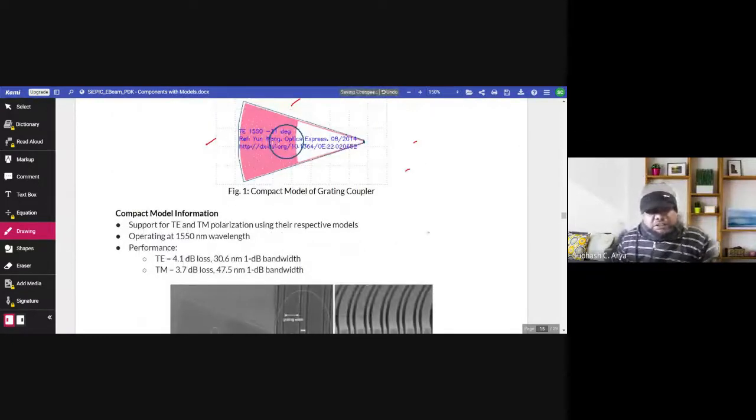And you can see here the operating wavelength 1550 supporting TE and TM mode. For TE mode, 4.1 dB loss and 30.6 nanometer 1 dB bandwidth. And for TM mode, 3.7 dB loss and 47.5 nanometer 1 dB bandwidth.